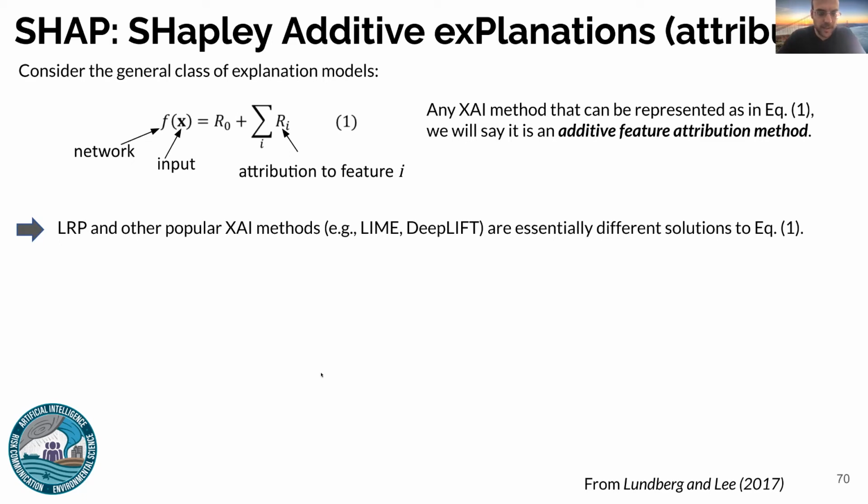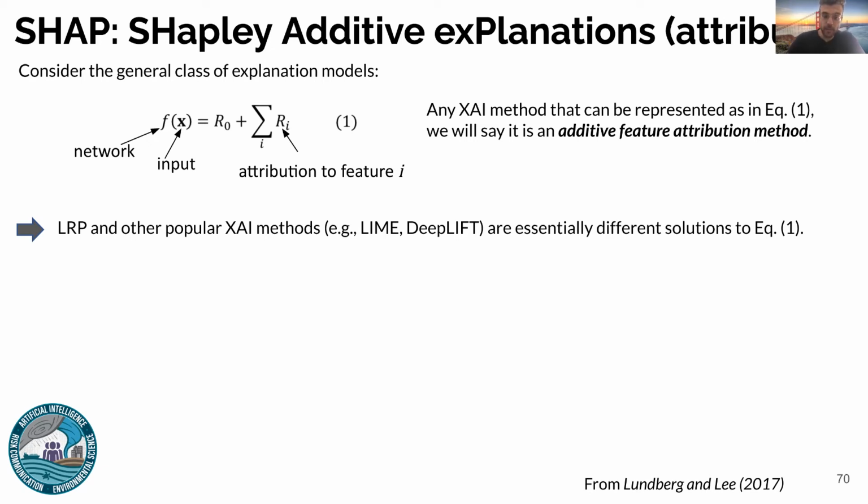This equation shows that on one hand we have the network output, and on the other hand we have a constant term and then the summation of the attribution values. Any method that provides attributions that sum up to the network's output is called an additive feature attribution method.